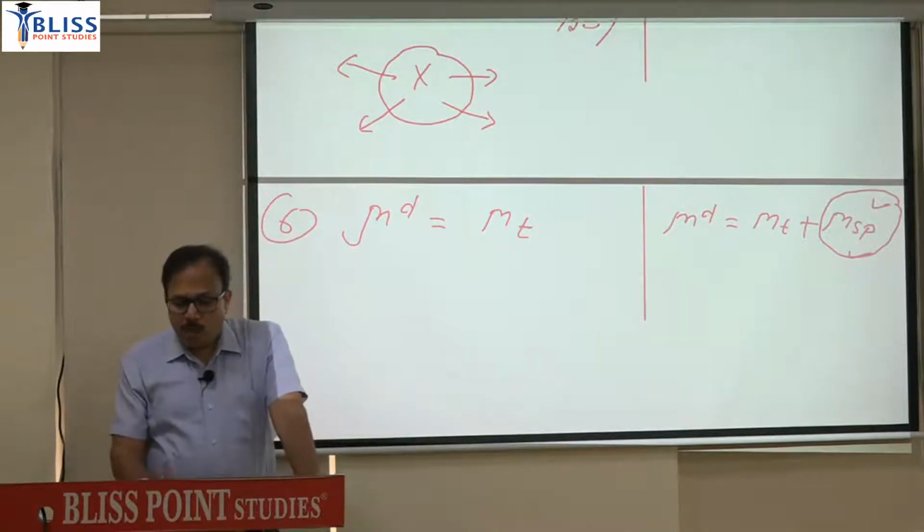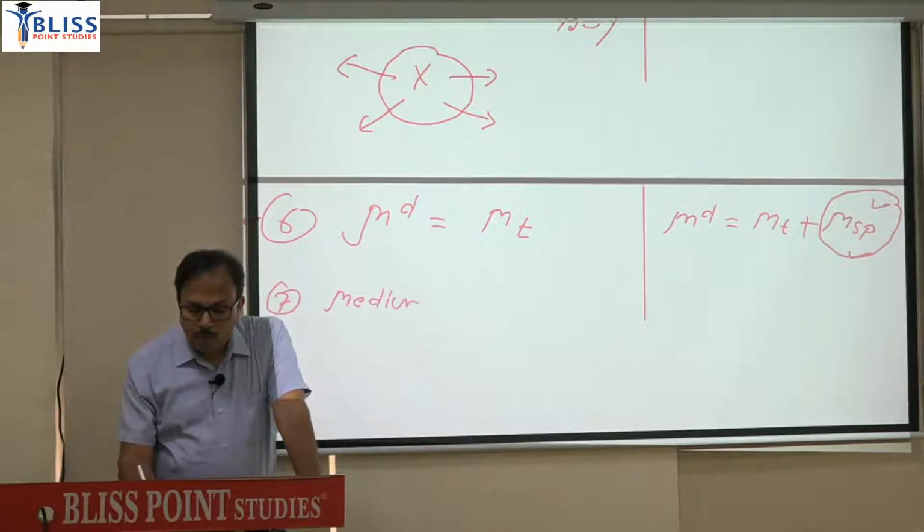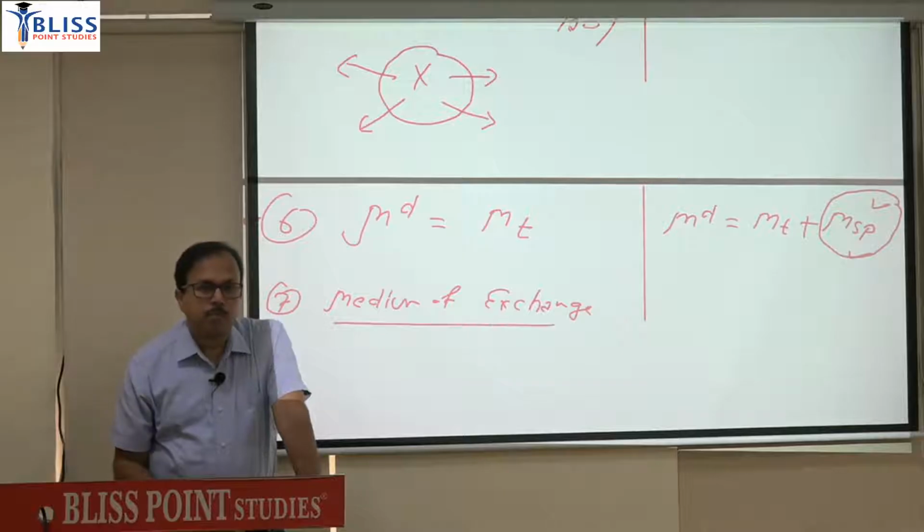So transaction demand for money is the reason for keeping money in the classical view. You can also explain it as money acting only as a medium of exchange in the classical concept.